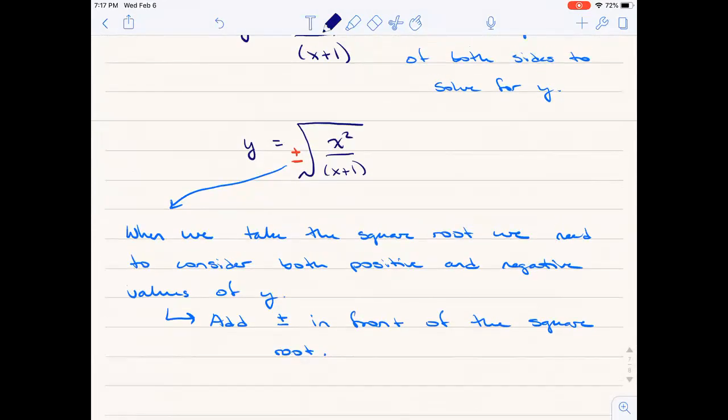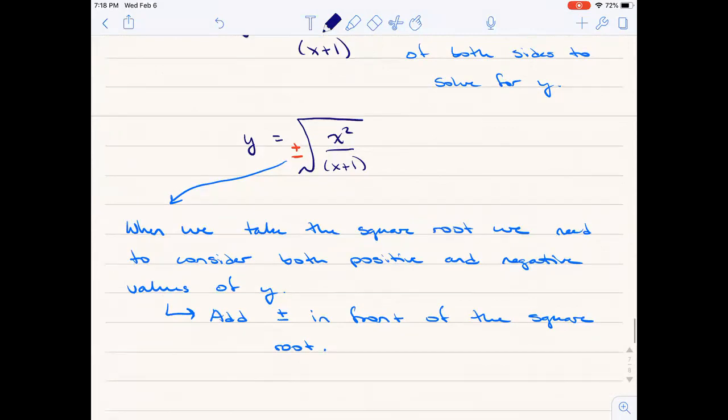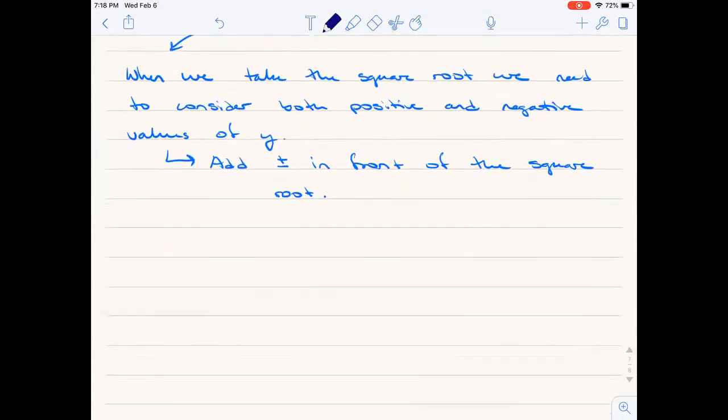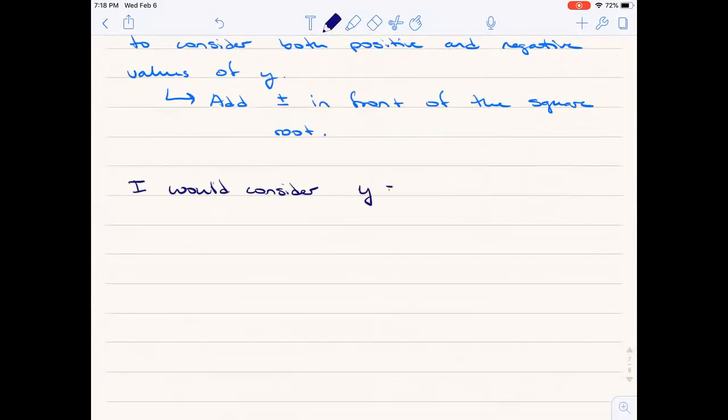I would consider this simplified. But we could keep going if we wanted to, just to play around with these exponent rules. We'll just keep simplifying it for a little bit. I would consider y is plus minus the square root of x to the power of 2 over x plus 1 simplified.